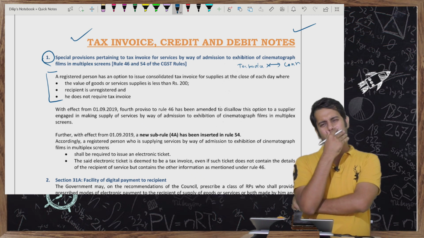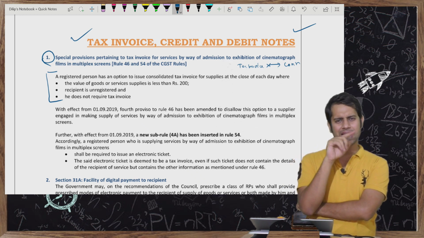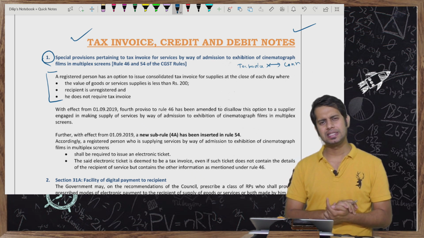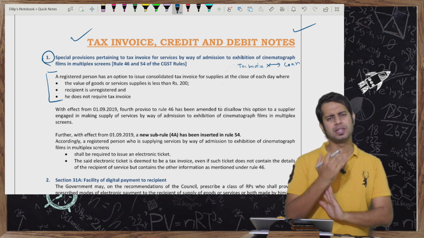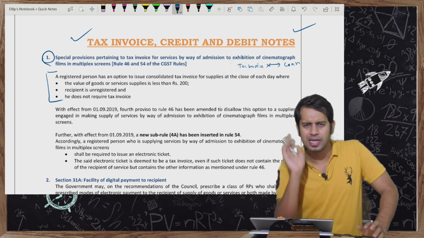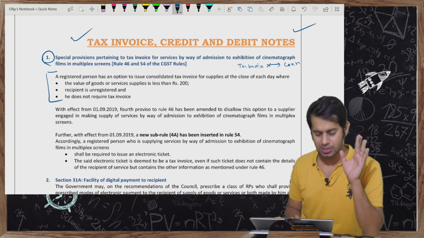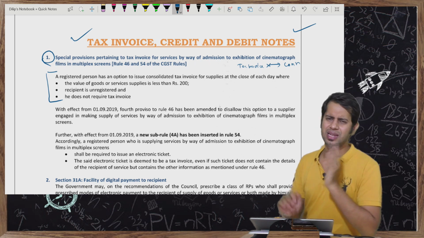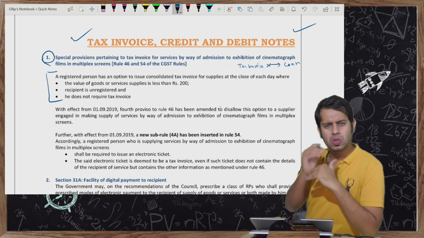Now, sir, there are the cinema halls who are giving cinema tickets. In most cases, the ticket price will be less than 200 only. And in some cases it is more than 200 also. What is the provision?